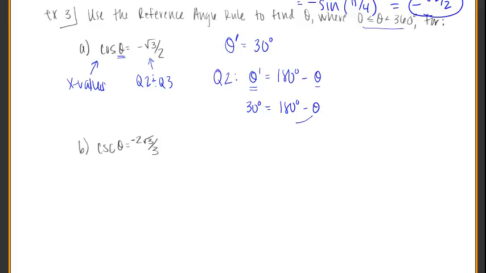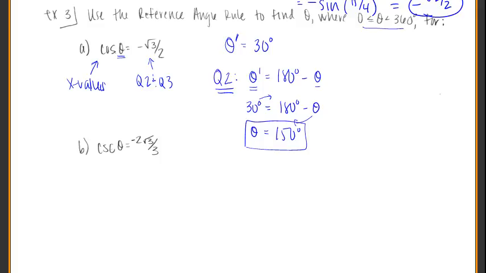Let's swap theta with 30. So theta is equal to 180 minus 30, which is 150 degrees. If you want, go back up to your t-chart or your table of the circle of values and see at 150 degrees if that x value is a negative square root of 3 over 2. That takes care of quadrant 2.